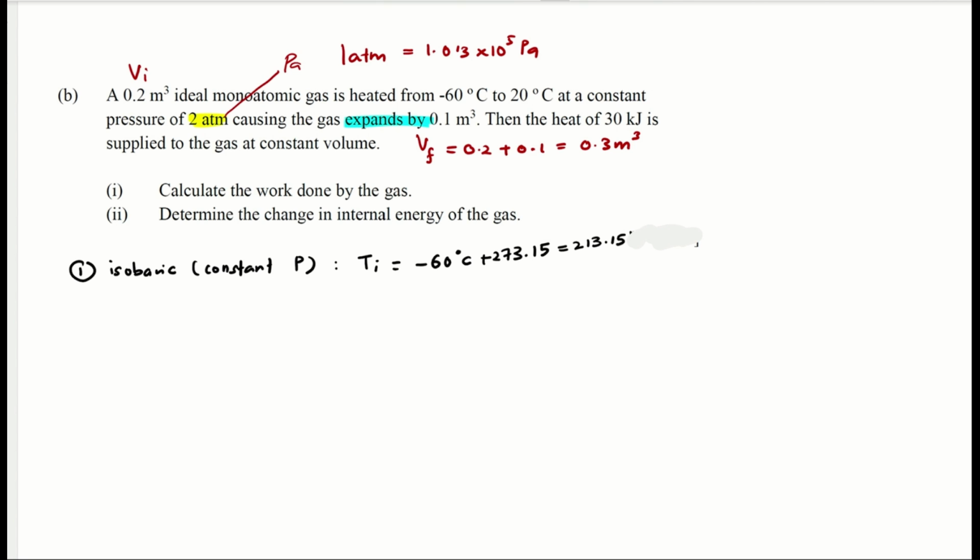Okay, sekejap saya tutup ni. Okay, and then T final is 20 degrees Celsius plus 273.15, which is 293.15 Kelvin. Then the second process, the heat of 30 kilojoule is supplied to the gas at constant volume, which is isochoric process. Volume is constant.